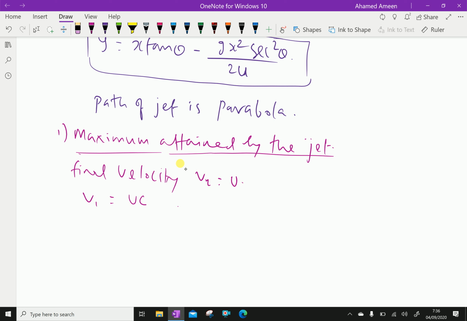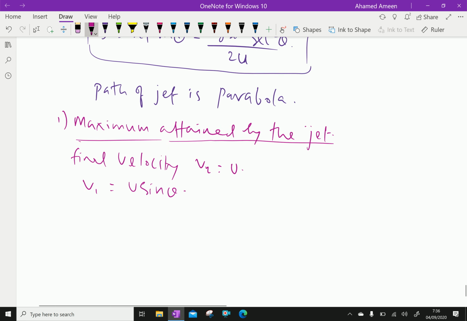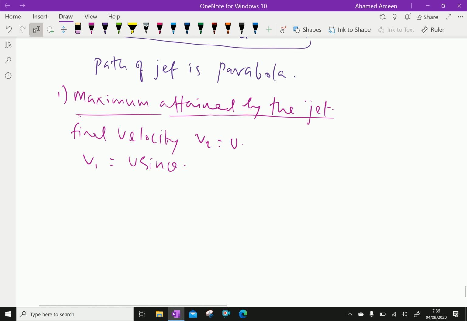Initial vertical component is u sin theta. Now we know Newton's motion formula, v squared minus u squared equals minus 2gs, because g is acting downward against the jet velocity.